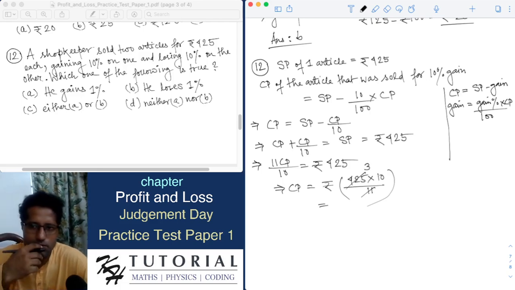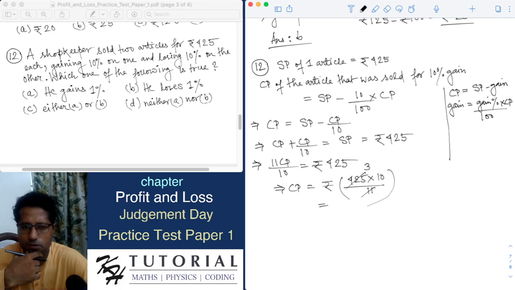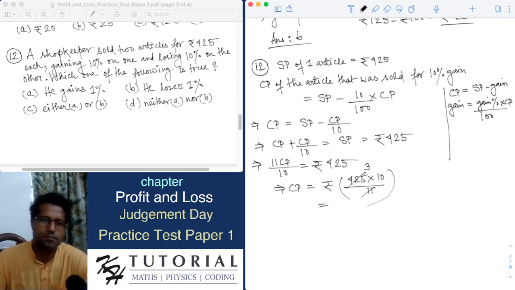This implies cost price is... sold two articles for each, gaining 10% on one and losing 10% on the other.